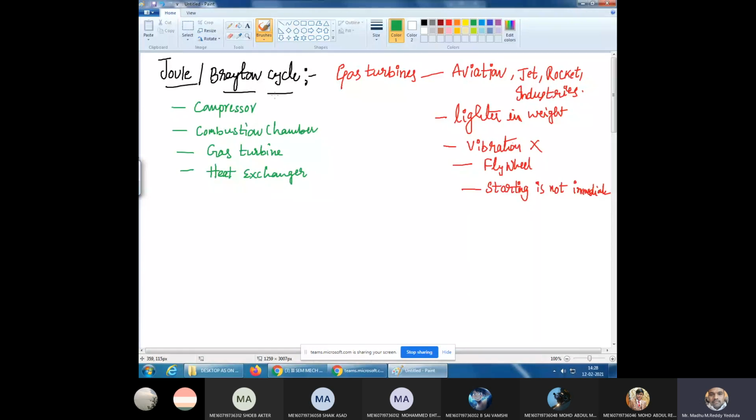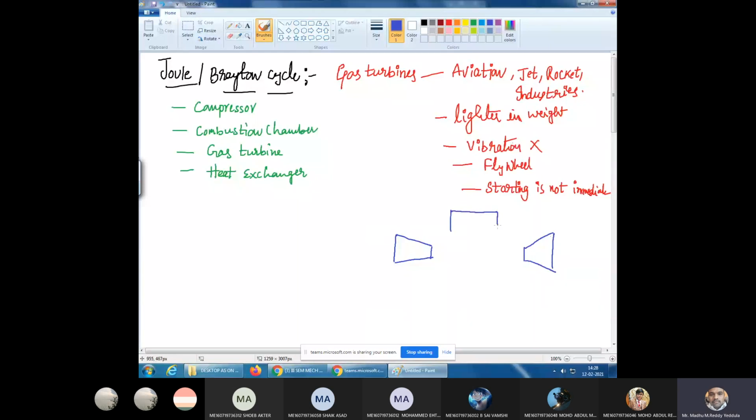Let me draw it symbolically. First, the compressor will be there. The compressor is a device used to raise the pressure of the fluid, and here we have the turbine. In the turbine, work is done, that is, expansion takes place and the fluid expands.